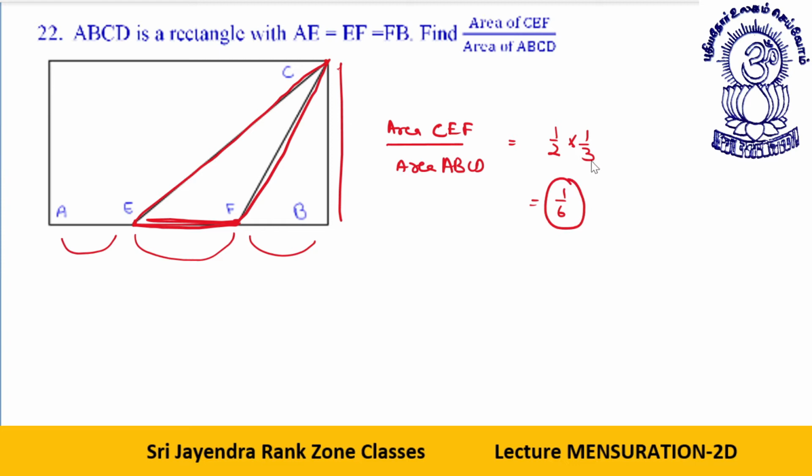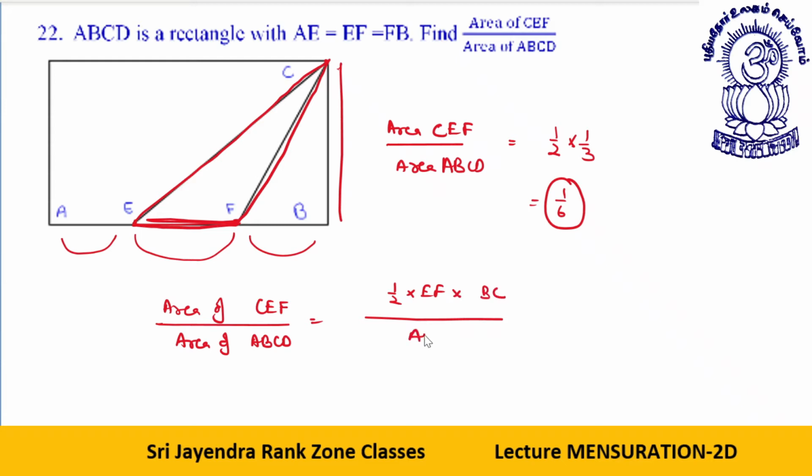If you want to do it in detail, we can do it in detail. How come? Area of CEF upon area of ABCD, that will be what? CEF is half into base into height. What is the height of CEF? That is BC. ABCD area is AB into height. The height is BC.